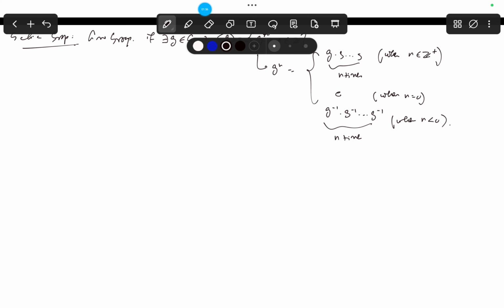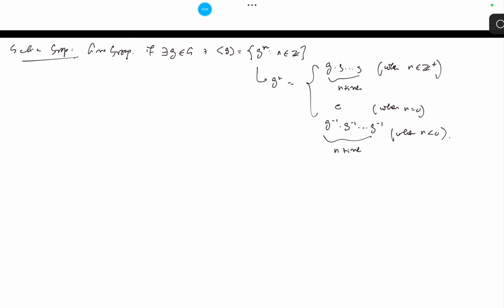Okay, so this is a cyclic group, and the most common example one can easily think of is the set of integers, which is generated by 1, right? In fact, we can have 1 and minus 1 as well.